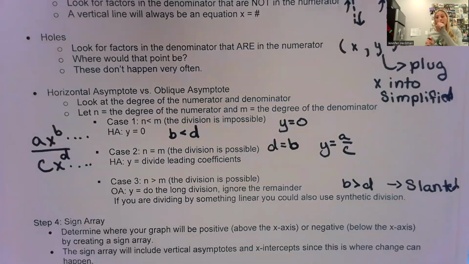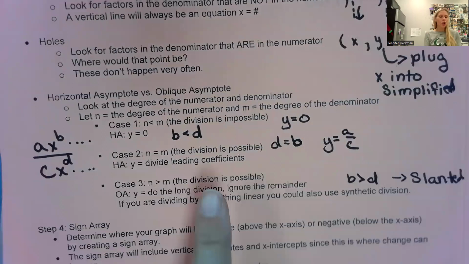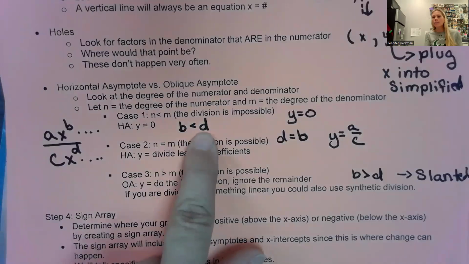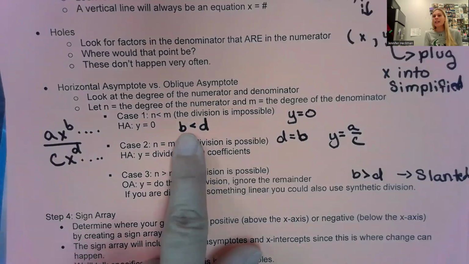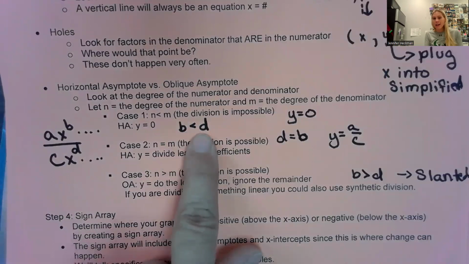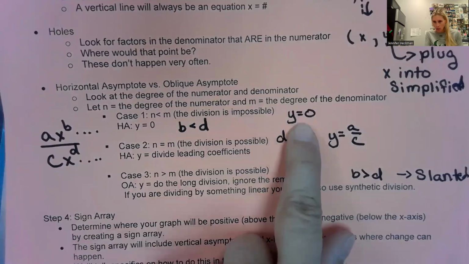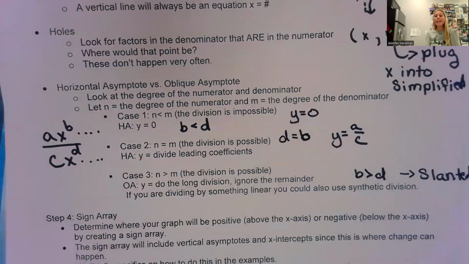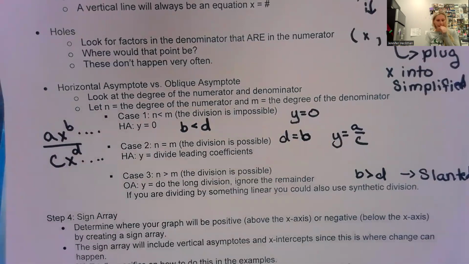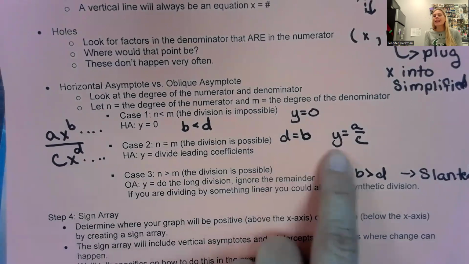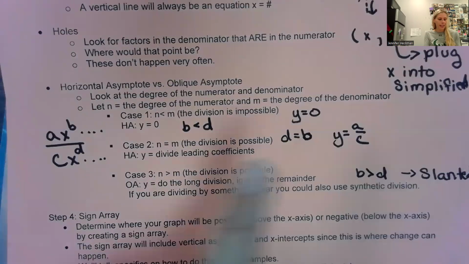In case 1, if your numerator is smaller than your denominator, your horizontal asymptote is at 0. Case 2: if your numerator and denominator exponents equal each other, then your horizontal asymptote is at the ratio of the leading coefficients, a over c.